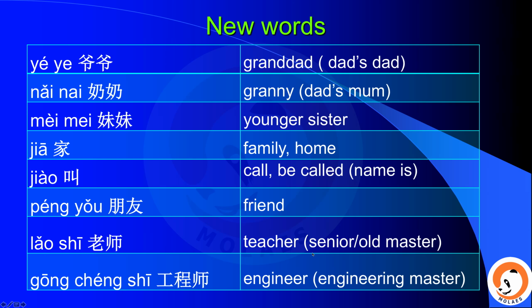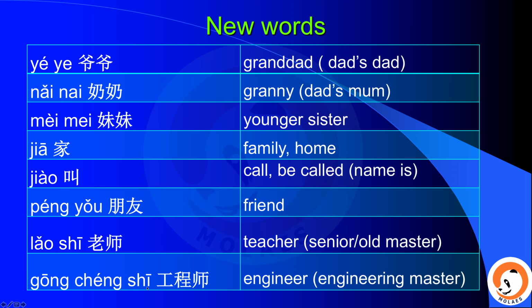Literally means senior or old master. 老 means old, also means senior. 师 is master. 工程师 engineer literally means engineering master.